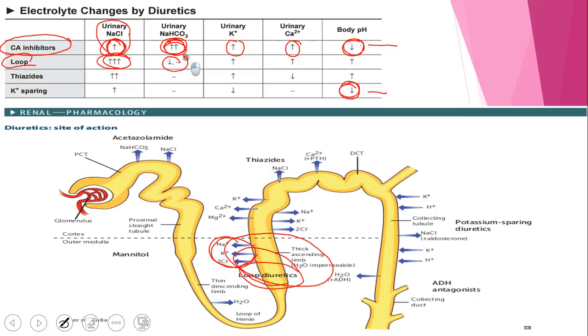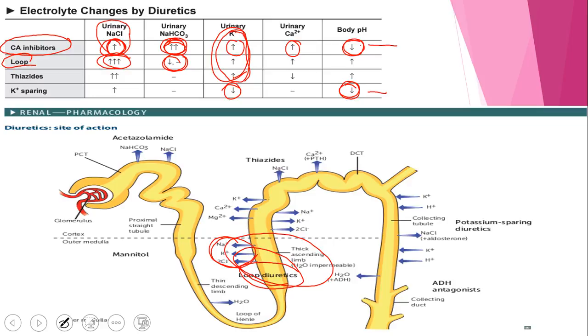This one can decrease your urinary sodium bicarb, or can leave it unchanged. It's going to increase your urinary potassium. Remember, all of these increase your urinary potassium except for, of course, the potassium sparing, which is going to decrease your urinary potassium because that holds on to potassium. All the other ones are going to make you pee out more potassium.